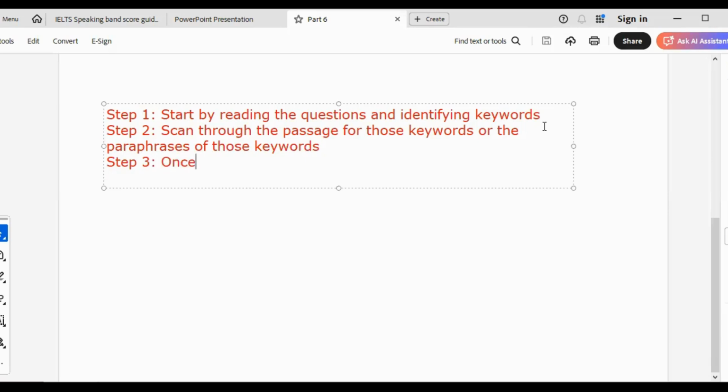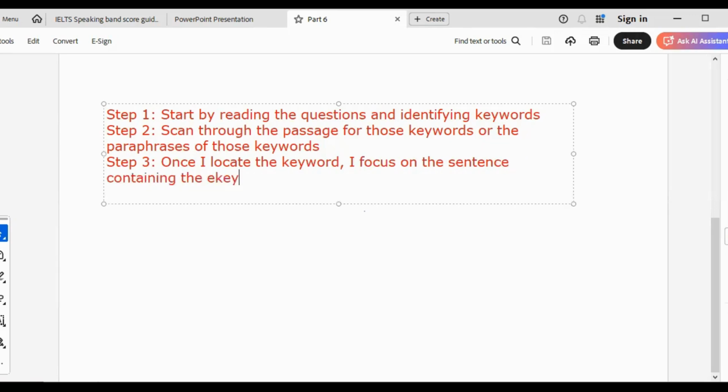Once I locate the keyword, I focus on the sentence containing the keyword, the sentence before it, and the sentence after it.